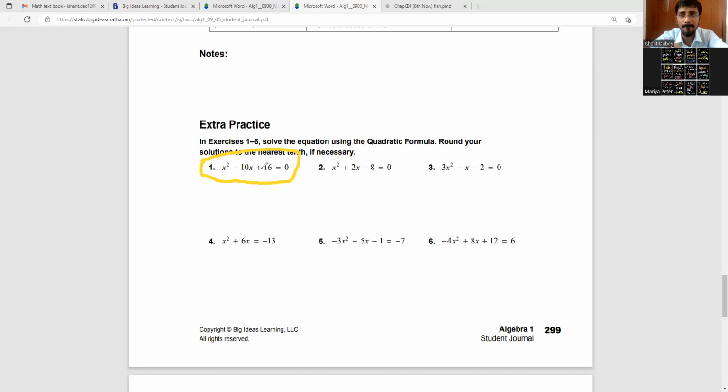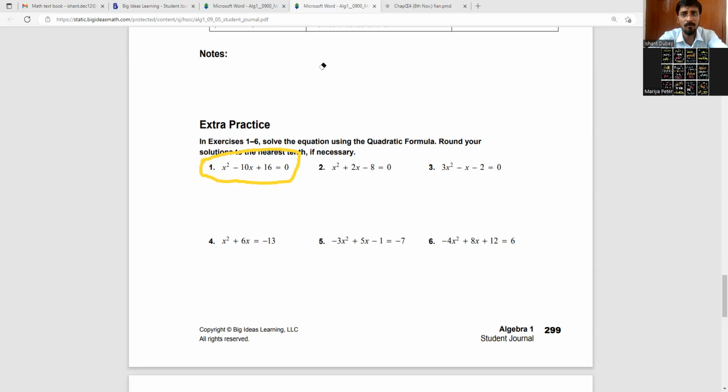So I think now you have some basic idea what a quadratic equation is. The maximum power, or maximum degree, should be 2, and that equation we call a quadratic equation. Now let's try to solve this kind of equation. In the extra practice we have problems 1 to 6, and you can solve these in multiple ways.